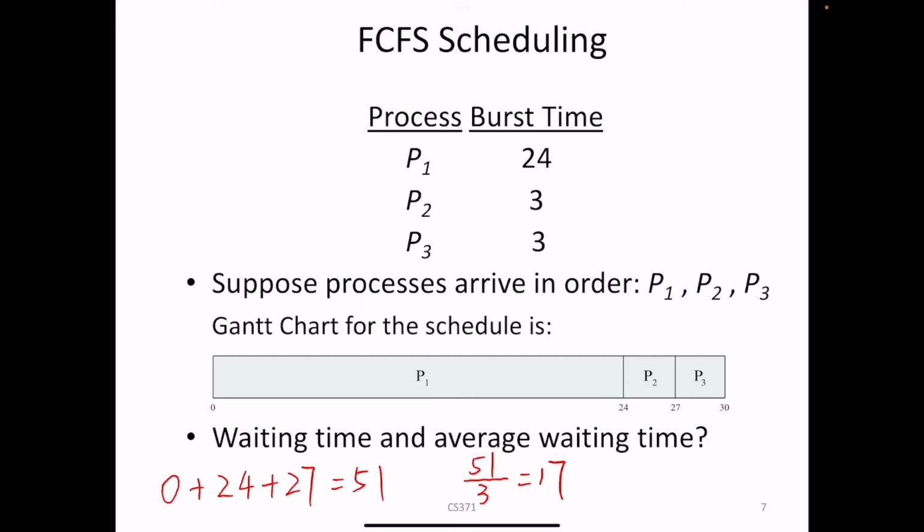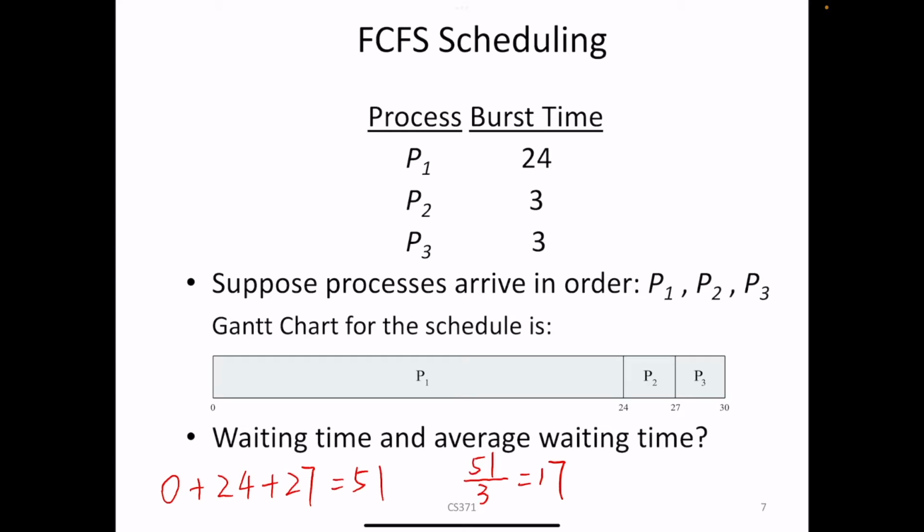For P3, it has to wait for P2 to be finished. From this Gantt chart, we can tell the finish time of P2 is 27. So P3 has to wait for 27 time units. Then let's calculate the average waiting time of all the processes.